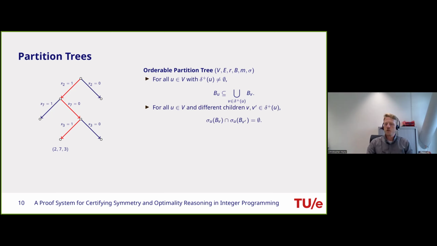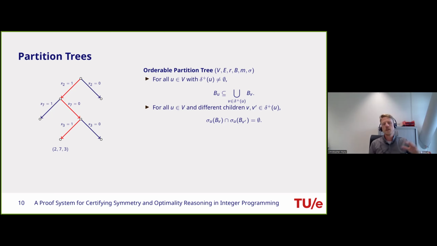Then, of course, in a true branch and bound tree, you would not want solutions to be feasible at multiple of the children. For this reason, we say that if we apply this map sigma, this reshuffling of the solution space, to the child nodes of a node U, then these reshuffled subvectors must be disjoint.